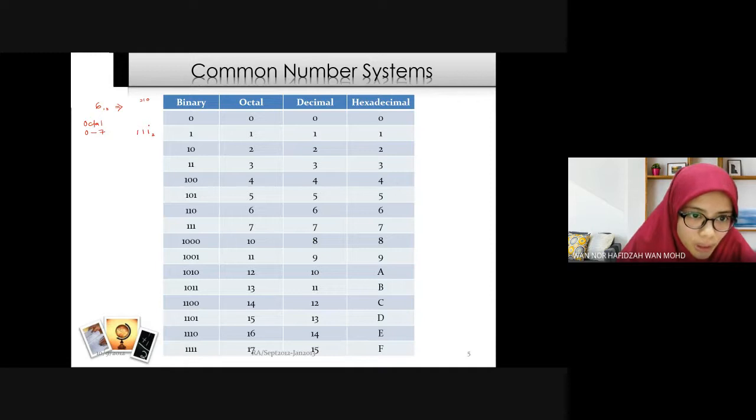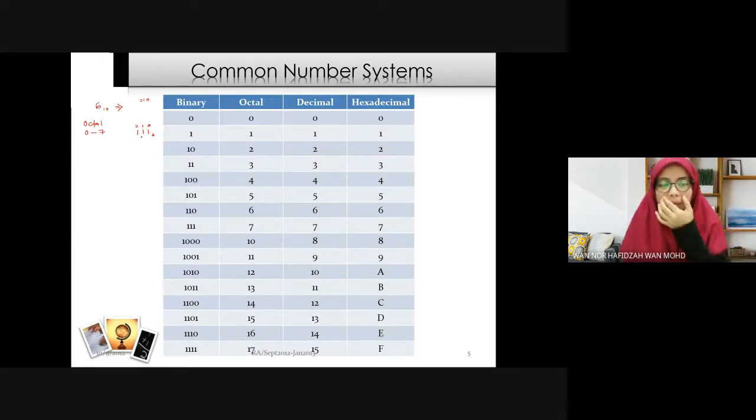So the first one is actually 1 times 2 to the power of 0, plus 1 times 2 to the power of 1, plus 1 times 2 to the power of 2.